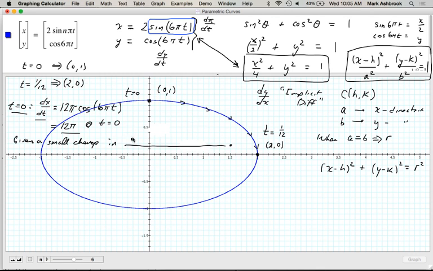So given a small change in t, the change in x will be 12 pi times as much as that change in t. Is that a high rate of change or a low rate of change? Yeah, 12 pi is like over 30, like 38 or something, right?